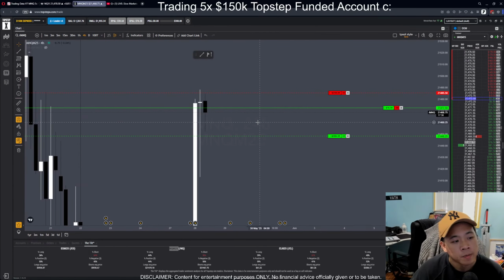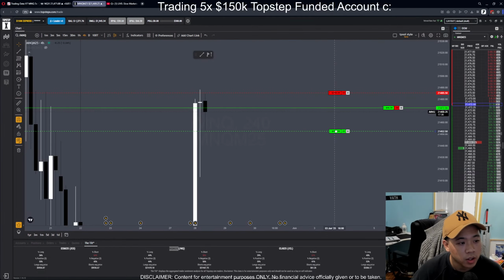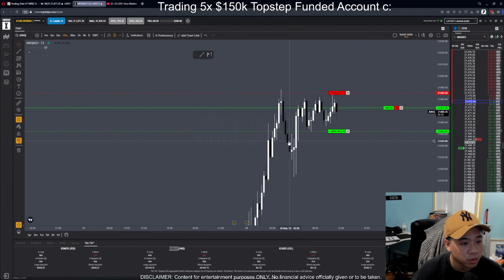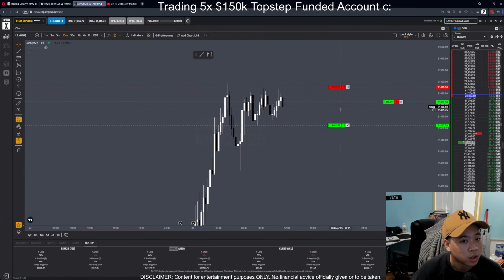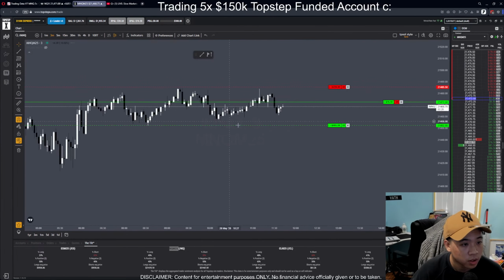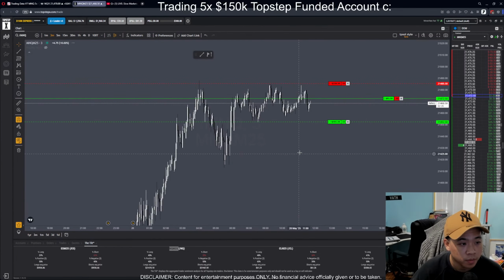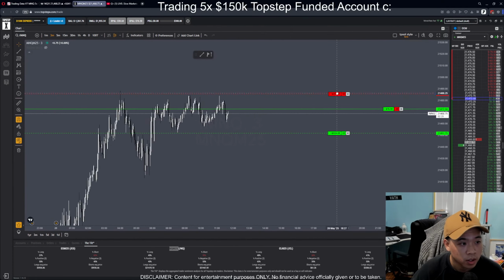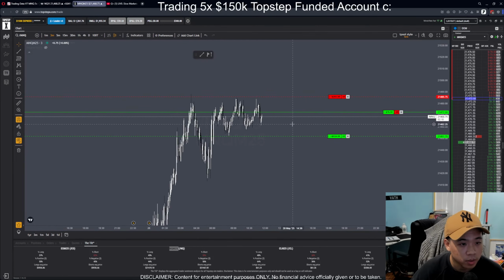So realistically, I don't think it might be a massive pullback. It might just be something small. So to keep things in alignment, I might just tighten things up a little bit like that.